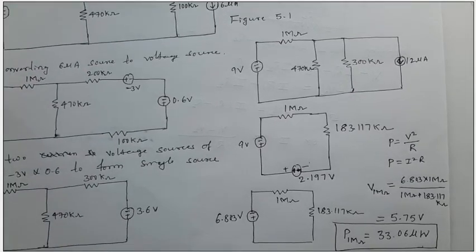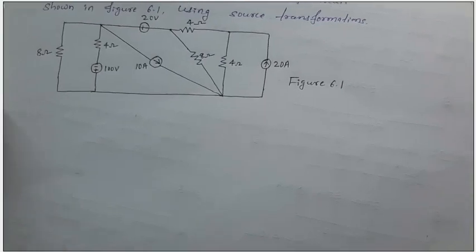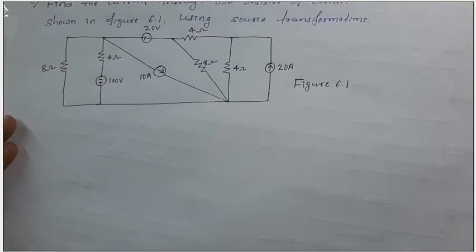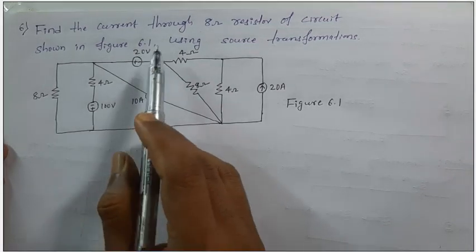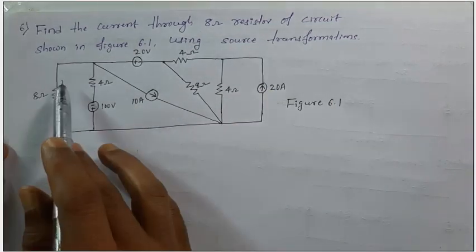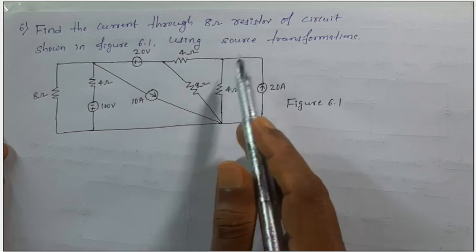So with this we'll proceed further to one more numerical, that's the sixth one. Find the current through 8 ohm resistor of circuit shown in figure 6.1 using source transformations.